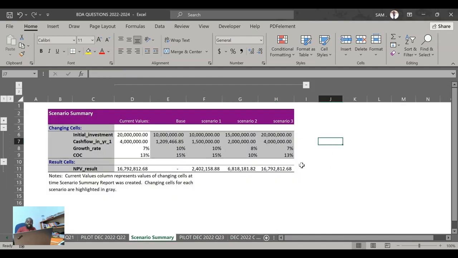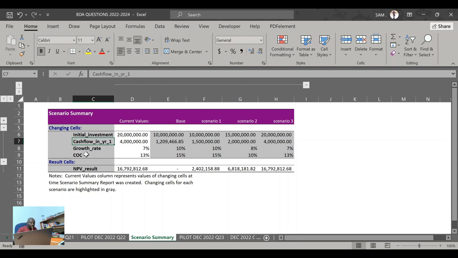That is the scenario summary that we were able to generate in our last class. Here we have the scenarios from base case scenario, scenario 1, scenario 2, and scenario number 3, with all these variables that were changing: changing cells or initial investment, cash flow in year 1, or you can also call it initial cash flow, then growth rate in that cash flow, then the cost of capital or the discount rate.